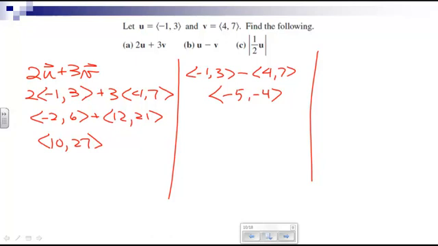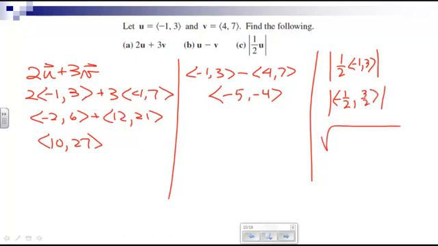How about the magnitude of 1/2 of u? So I'll place my vector u in there. I'll do the scalar multiplication, and I'll get negative 1/2, comma 3/2. And now let's go ahead and do our formula for magnitude.